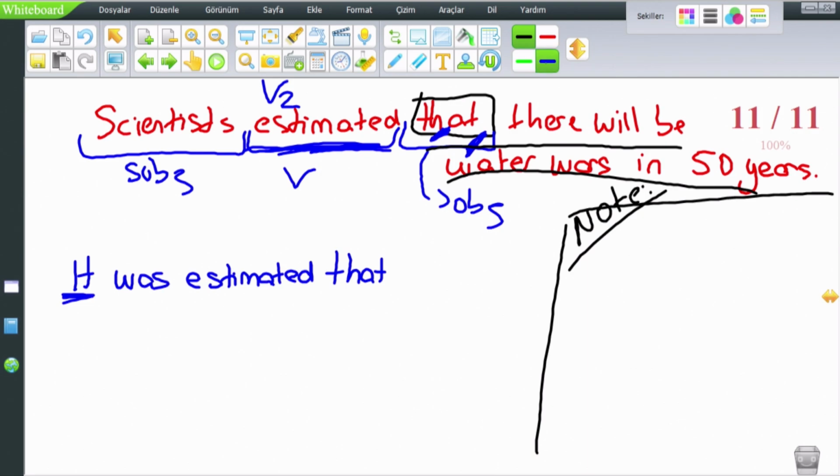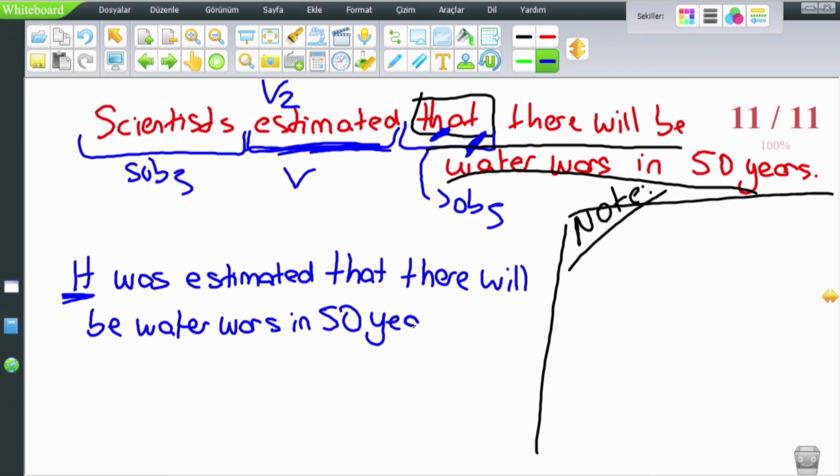It was estimated that there will be water wars in 50 years. Now I want to give the information who estimated that, by scientists.